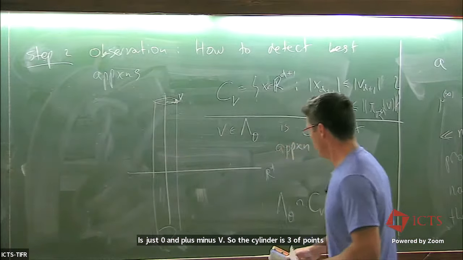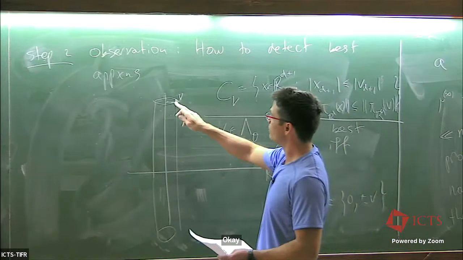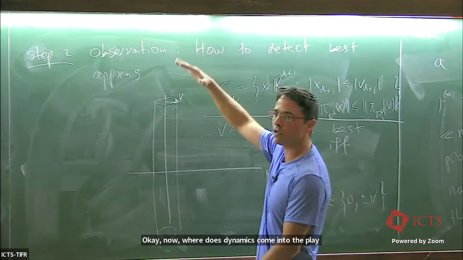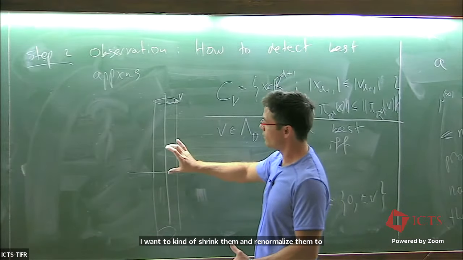Now, where does dynamics come into play? Instead of seeing bigger and bigger cylinders, I want to shrink them and renormalize them to be of height 1.